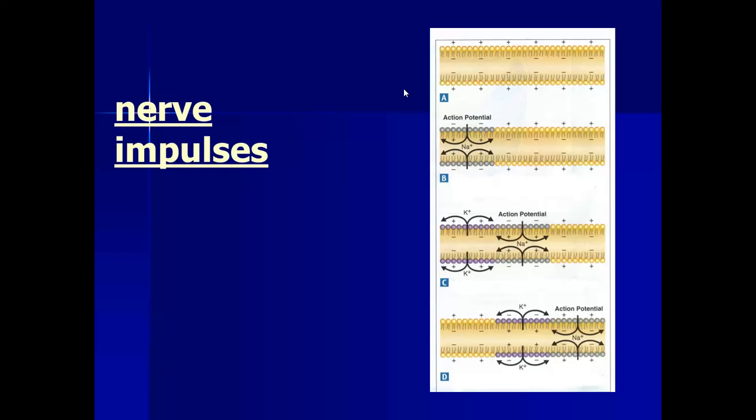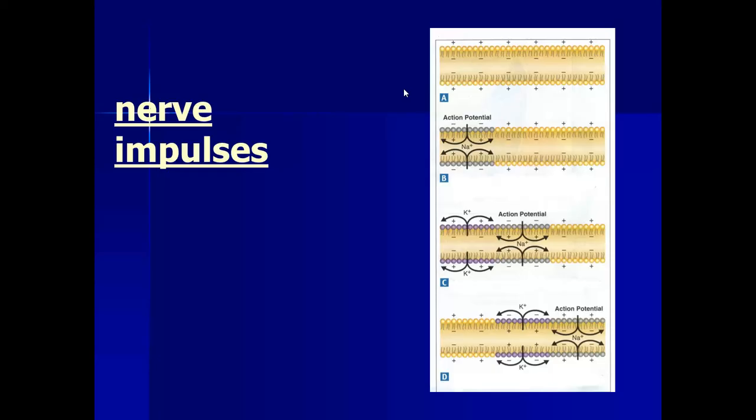So neurons, as you heard, pump sodium and potassium ions across their membranes to generate a resting potential. Neurons generate and move, they use the word conduct, electrical signals by pumping positively charged ions, both sodium and potassium, across the membrane.